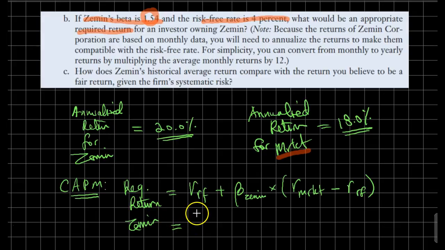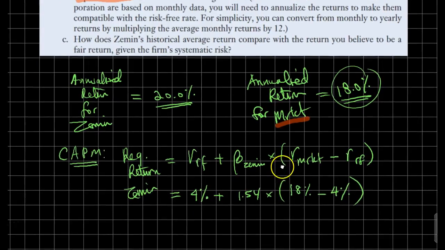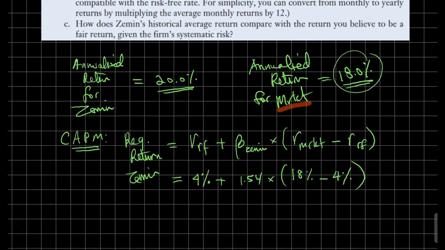The risk-free return is 4% on the riskless asset, the Treasury bill. The beta for our company is 1.54 times the market return, which as I said earlier was 18%, minus the riskless return of 4%. Now all we need to do is plug in these values and do the algebra.